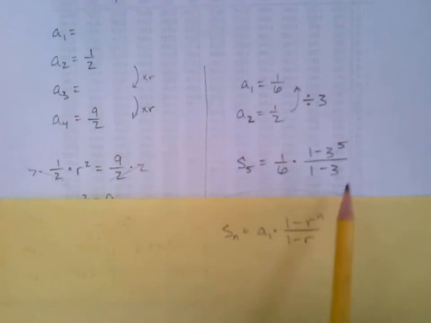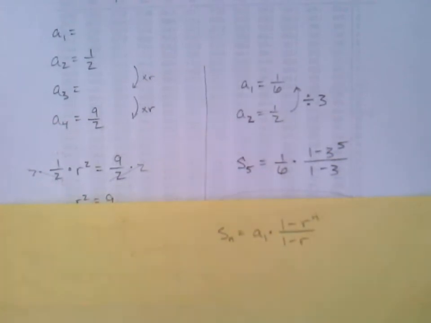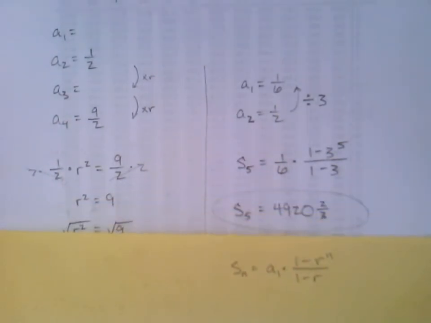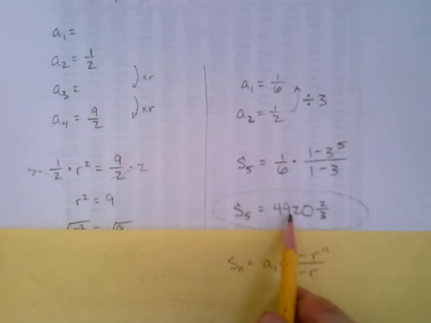You don't want to round anything, because that'll throw off the sum a little bit. Just put that whole thing in at once, and you'll notice that it ends up 4,920.66667. That 0.66667 is 2/3.